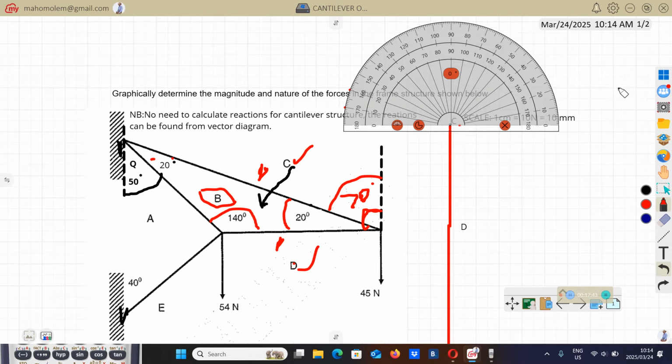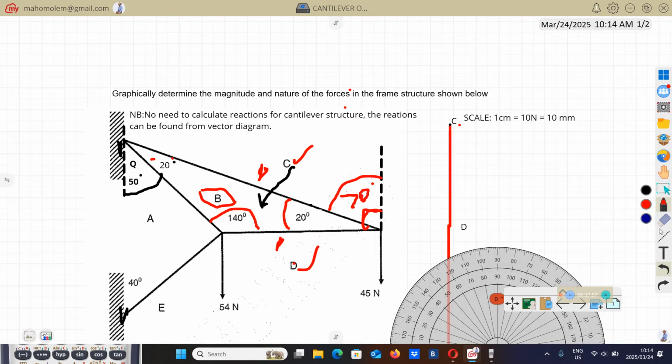So we need 20, so you mark 20 there. As you can see, I've marked it with this dot here. Then you remove the protractor and draw a line from this 0 to there. Let me use the red line.